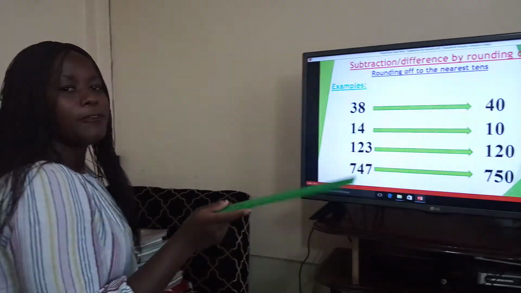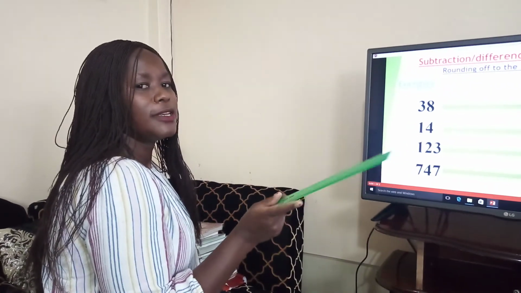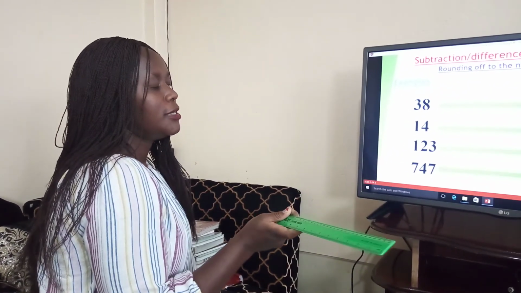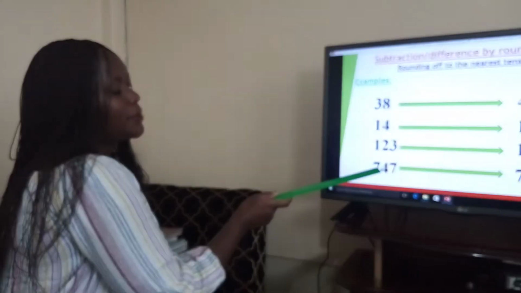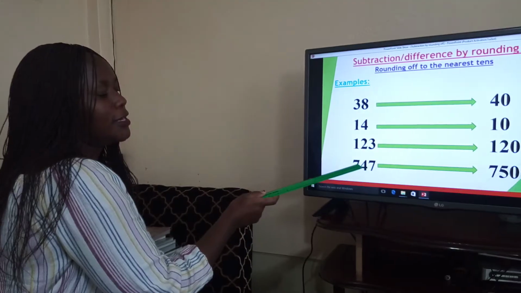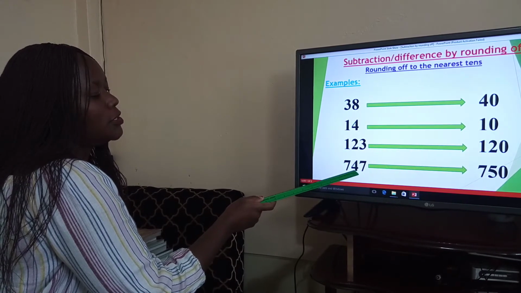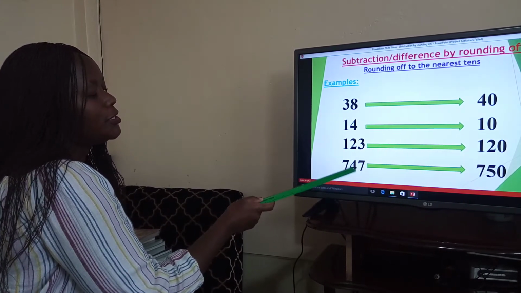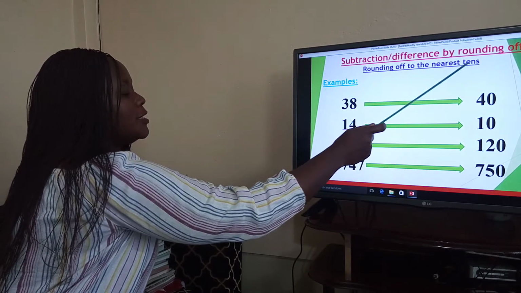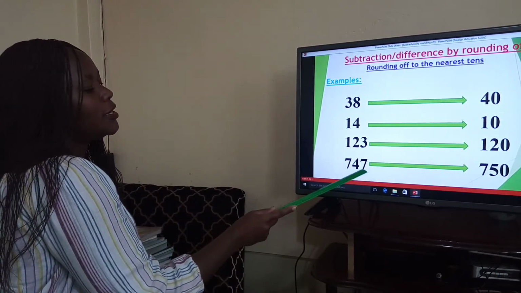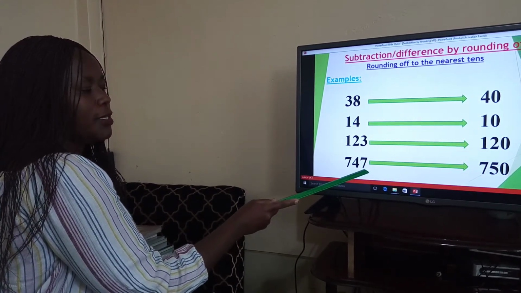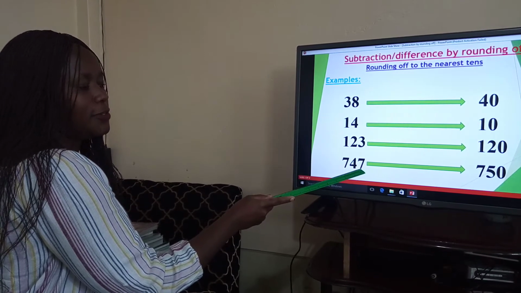I hope girls you're following through because this is a revision. We have done that previously. Our last number is 747. Sorry. So our place value digit is 4. 4 is a digit that is in the place value of tens. So what digit is the next right of 4? It happens to be 7, and 7 is a strong number.